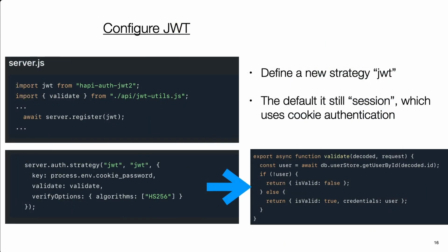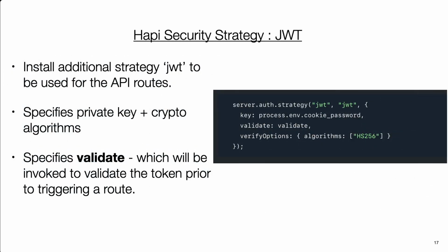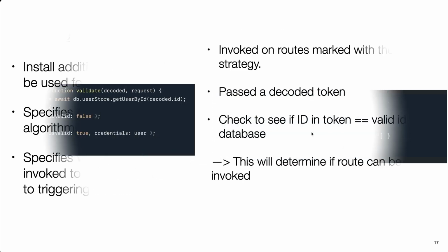For JWT, we're setting this strategy, as we've mentioned, and this strategy will allow us to have this new version of the validate function to be invoked for each of the routes that are JWT annotated. And that is a new strategy with a new validate function.